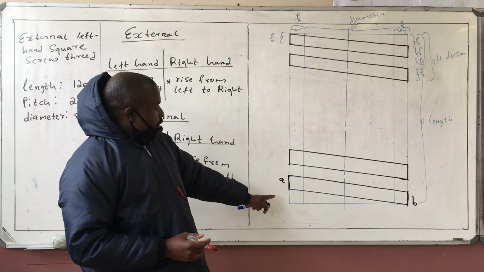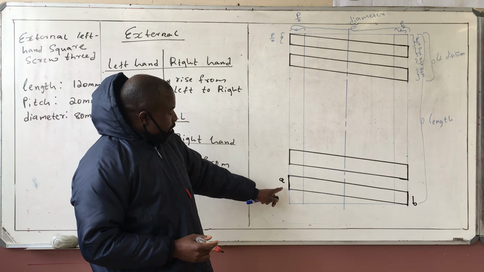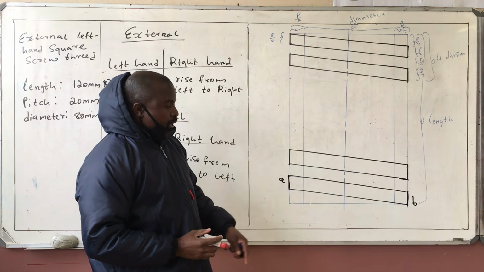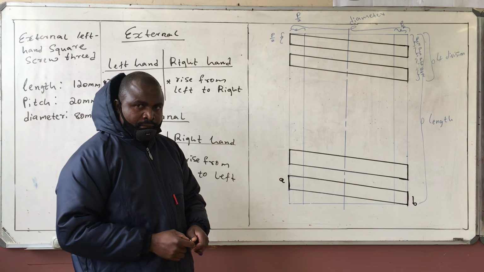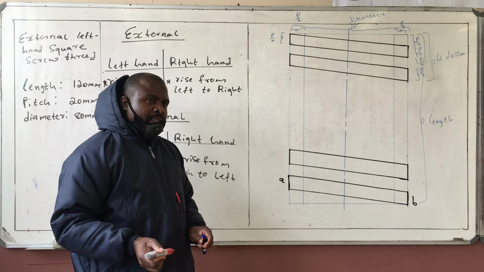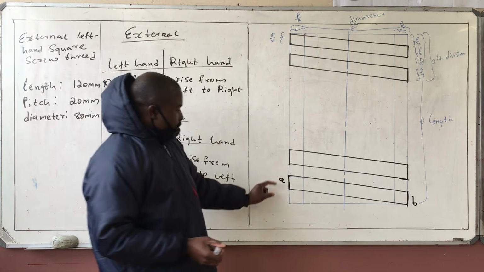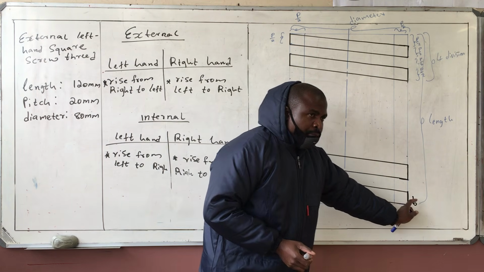So which side between A and B is above the other? A is above, yes. So A is above B.